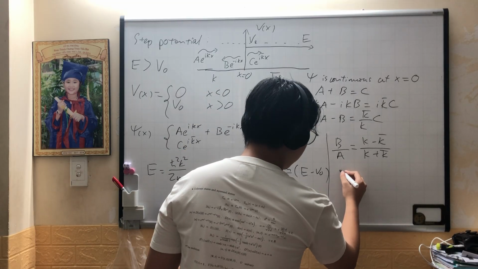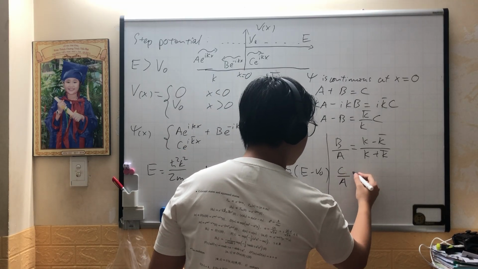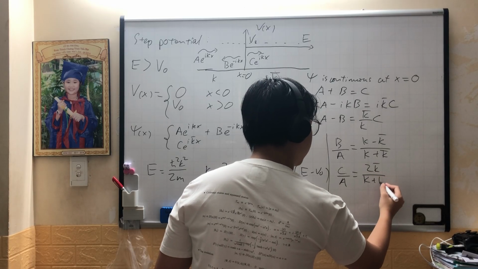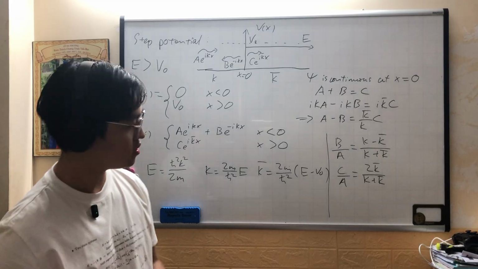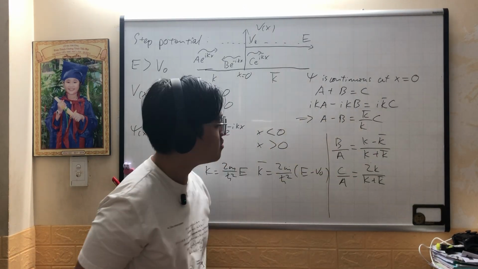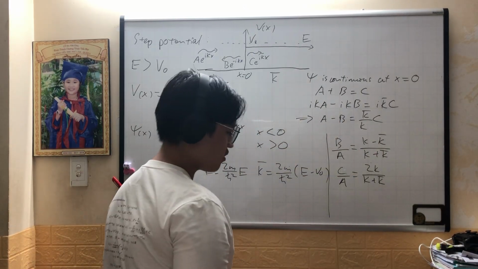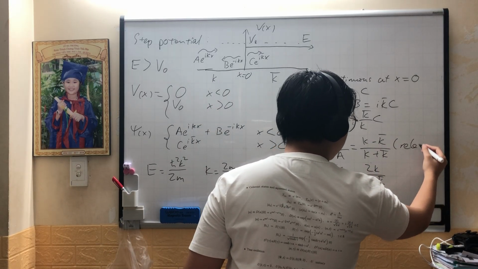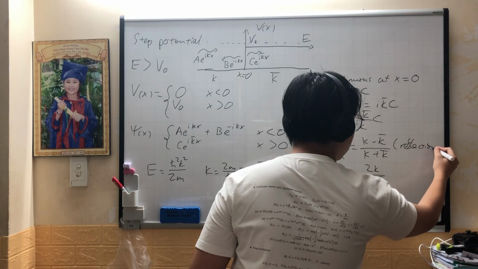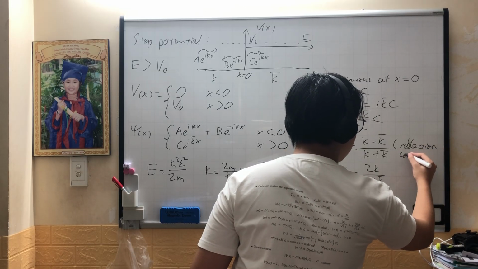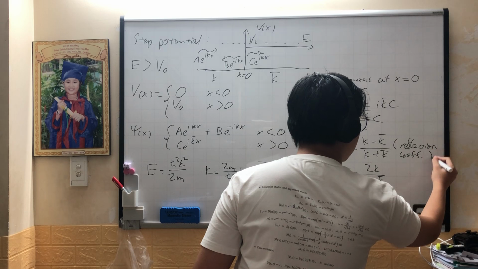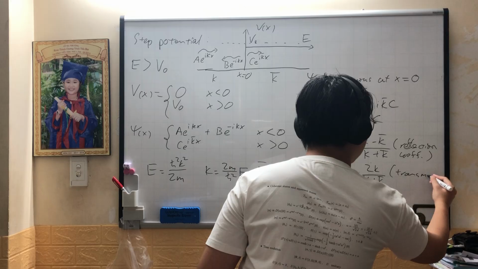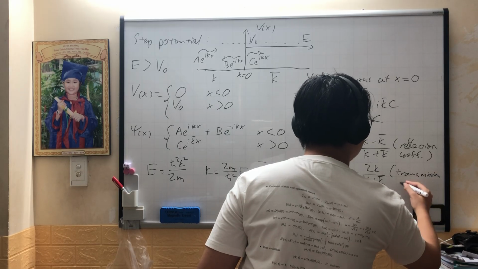And our C over A is 2k over k plus k tilde. These two are called the reflection coefficient and the transmission coefficient.